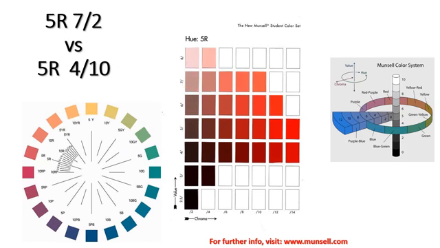Comparing to this, in this 5R hue, 4/10. So this is 4 and this is 10. So 5R 4/10 is going to be this color. This means that 5R 7/2 is less rich as compared to 5R 4/10.